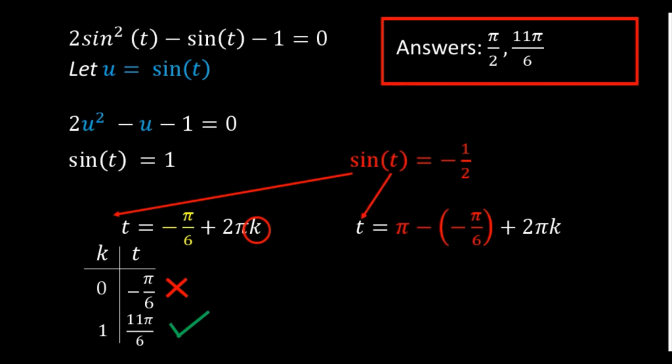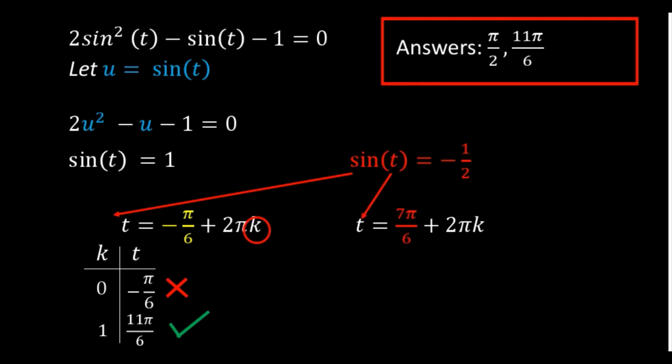So the first thing that we will do is combine these two. Remember that minus and minus will give us plus, so we'll have pi plus pi over 6, which will be 7 pi over 6. And again, this is all the angles. Now we need to find angles that are between 0 and 2 pi.